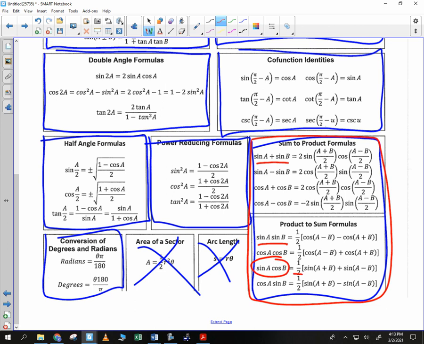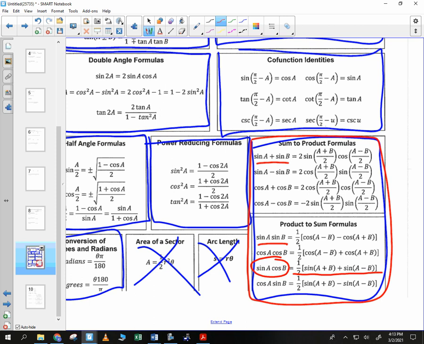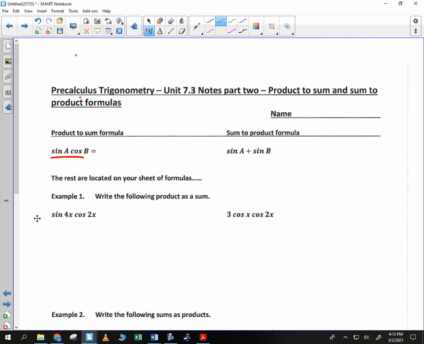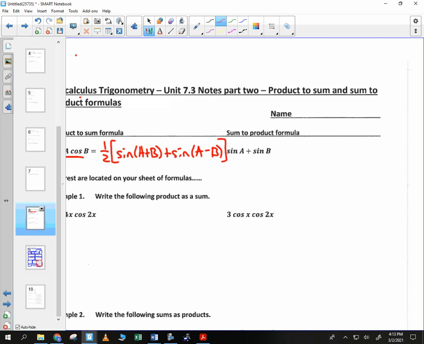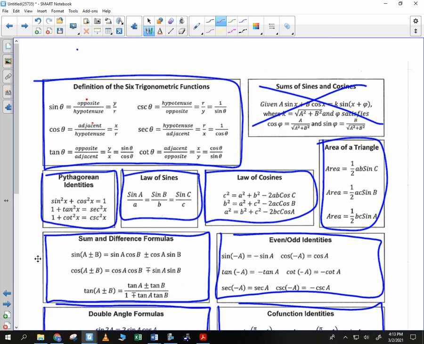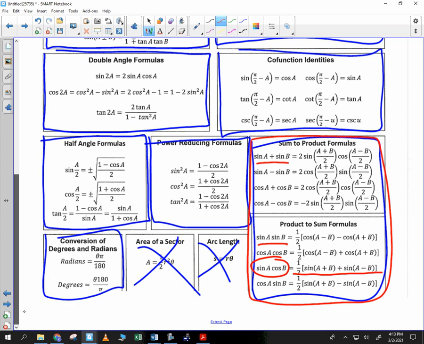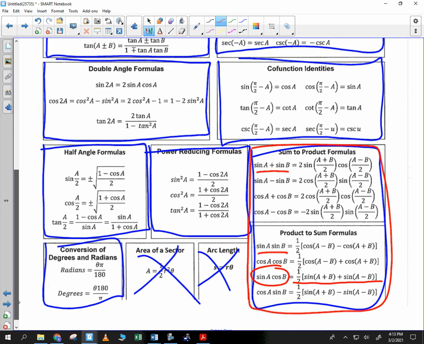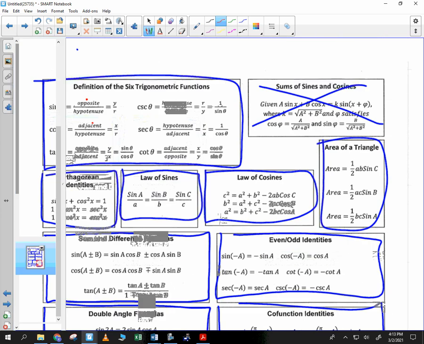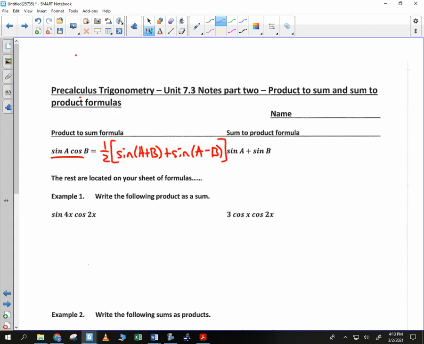So that's 1/2 sine of A plus B plus sine of A minus B. So I'm going to write that down. 1/2 sine of A plus B plus sine of A minus B. I'm going to check it again to see if there was a plus or a minus there, just to make sure I've got it right. And yep, it was an addition sign. So just know to locate that at that spot. So know where to find your formulas.